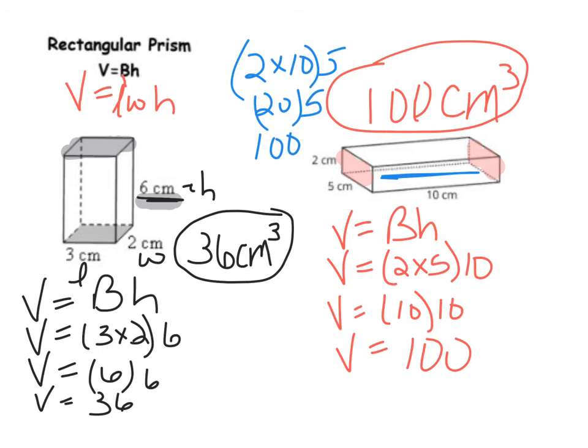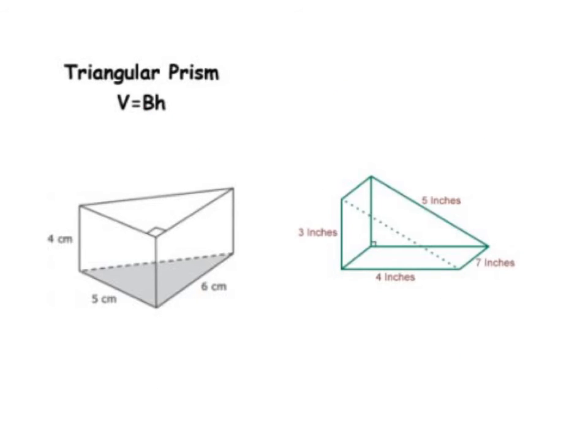Okay, so let's go ahead and do the other one, which is the triangular prism. Again, here we have V equals capital B times H. But remember, capital B in this case is going to be what? V equals half of the base and height times the height.